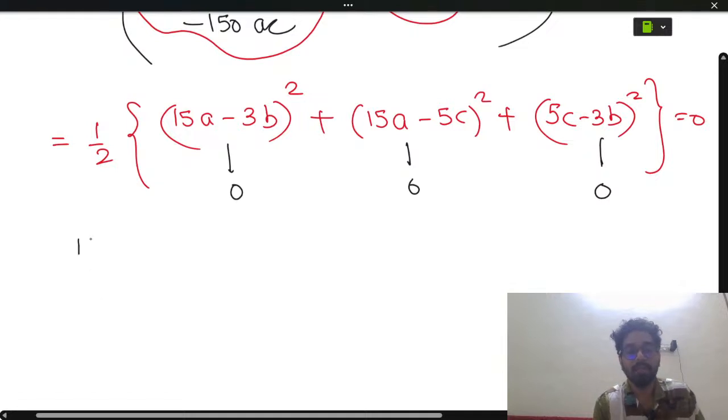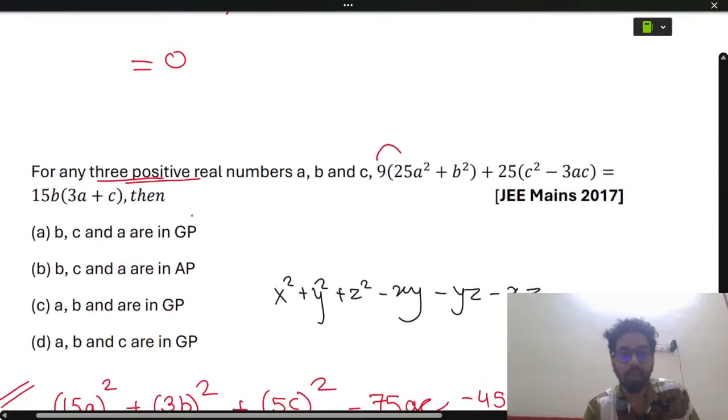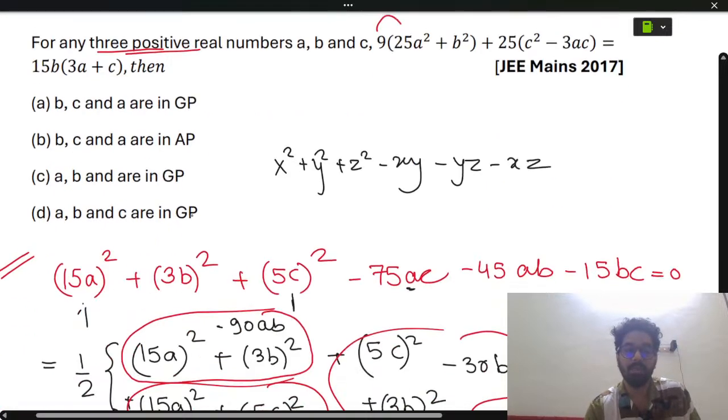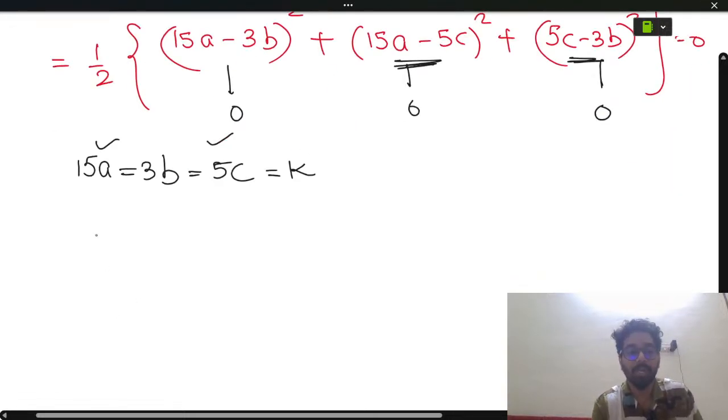So we can say that 15a is equal to 3b. From here we can say 3b is equals to 5c, and from here we can say 15a is equals to 5c. Done. So that's what we are having. Now what they're asking, check whether AP or GP, let's find it out. So let's say this is K. They're asking for ABC. So what is A?